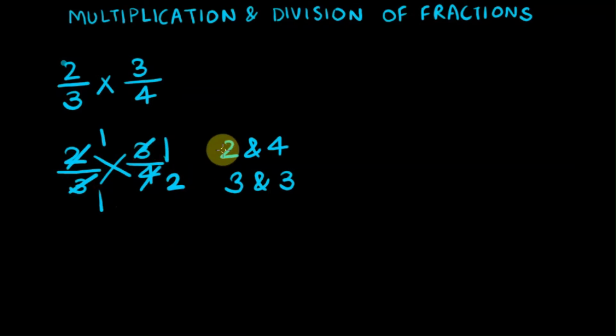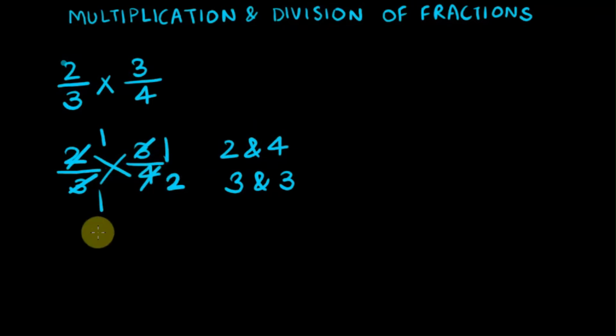So basically I've simplified the numerator and the denominator of each of the fractions, but I still don't have the same fractions. That is because I've divided the numerator and the denominator in such a way that now I will just have to multiply.